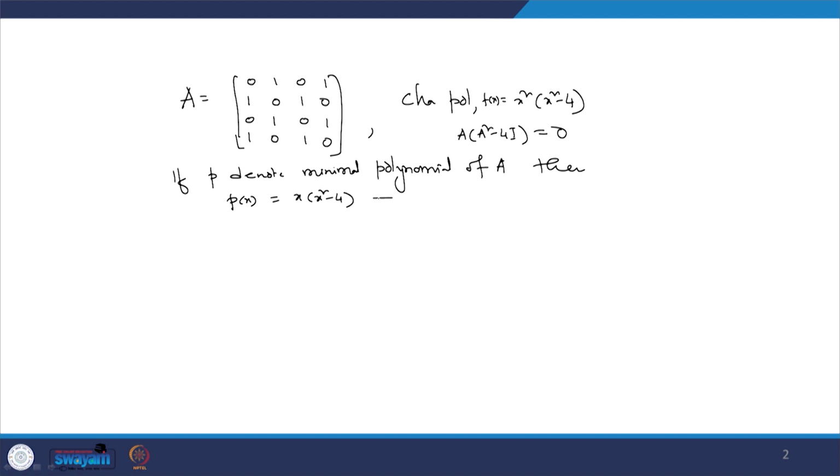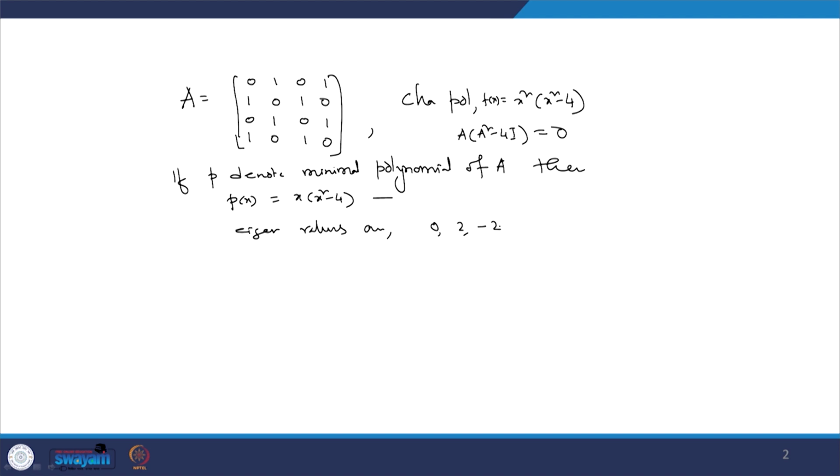Already we have seen that when an operator or matrix is diagonalizable, its minimal polynomial is basically a product of only its linear factors. So, the eigenvalues here are 0, 2 and minus 2.